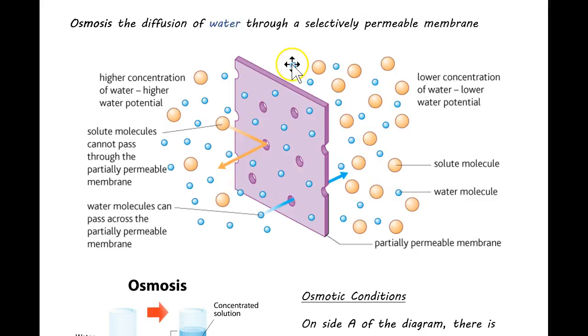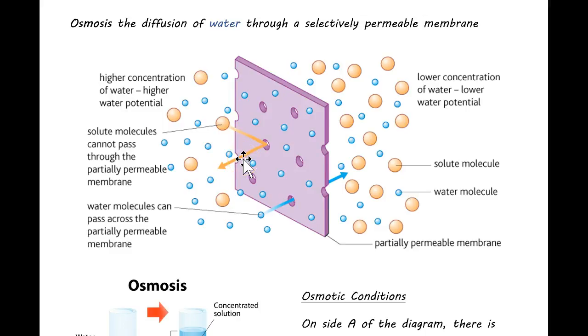If we count it, there's 1, 2, 3, 4, 5, 6, 7, 8, 9, 10, 11, 12, 13, 14 water molecules here. And there's 1, 2, 3, 4, 5, 6, 7, 8, 9, 10, 11, 12, 13, 14, 15, 16, 17, 18, 19. Well, I think you get the point. There's more over here on this side.